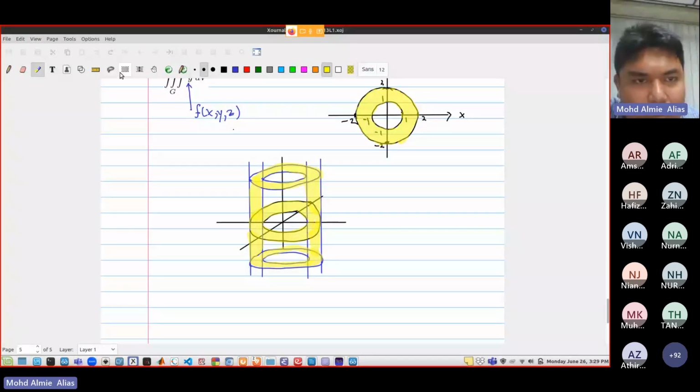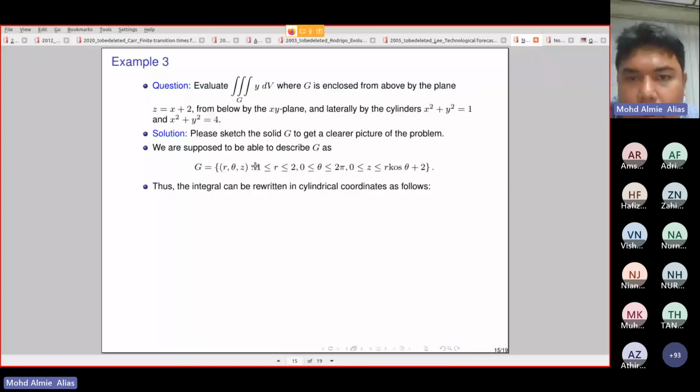Of course, if you want to sketch the whole solid that is counted in this integration, this must also be colored as yellow. But the idea is that you're going to take what's in between these two cylinders, bounded from below by the XY plane.